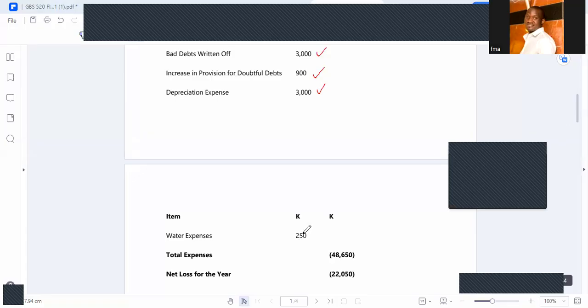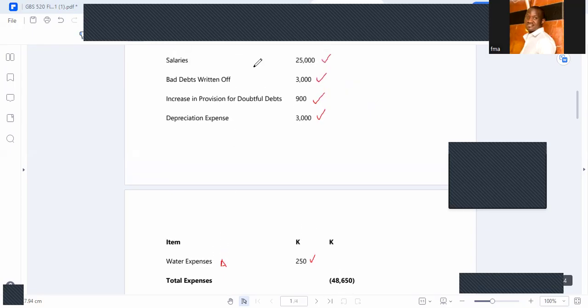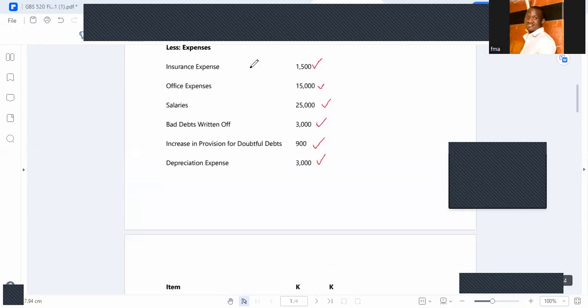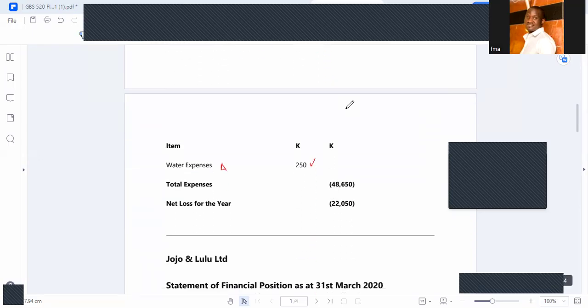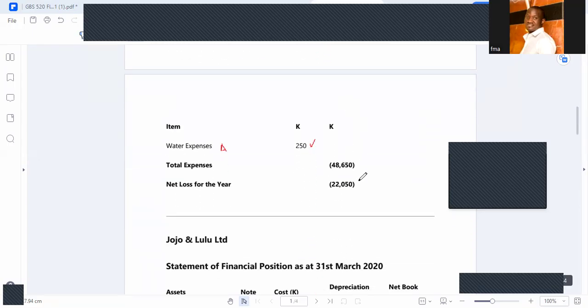Then water expense, this was 250. This was an accrual, and the 500 here was a prepayment. The prepayment was what? 500, the one we subtracted. Do you understand where we're coming from? So when we less expenses, we get a net loss of 2250.